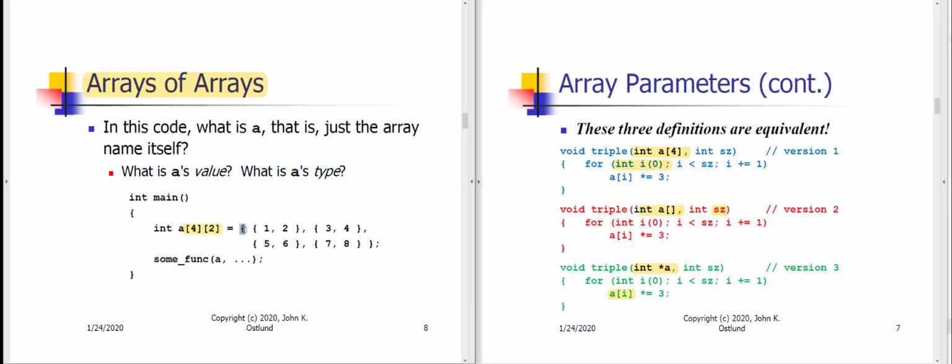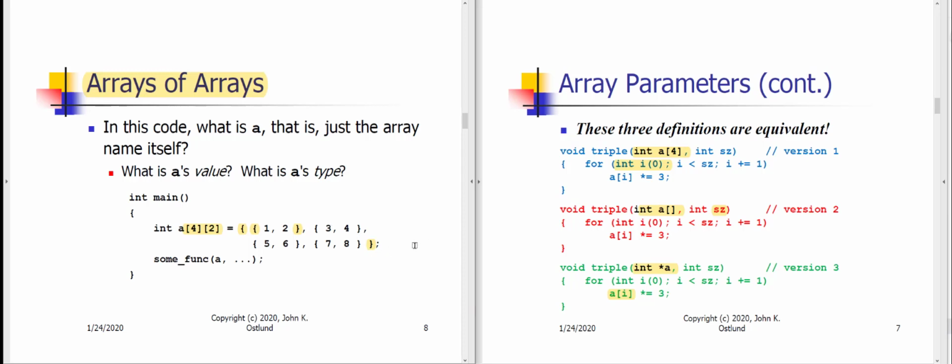I have initialized this array with one pair of curly braces containing the entire collection of 4 elements that A contains. But each of those elements is, in turn, an array of 2 ints, and so I have nested curly braces in which I have the 2 int values that initialize each array of 2 ints within this array of 4 arrays of 2 ints.